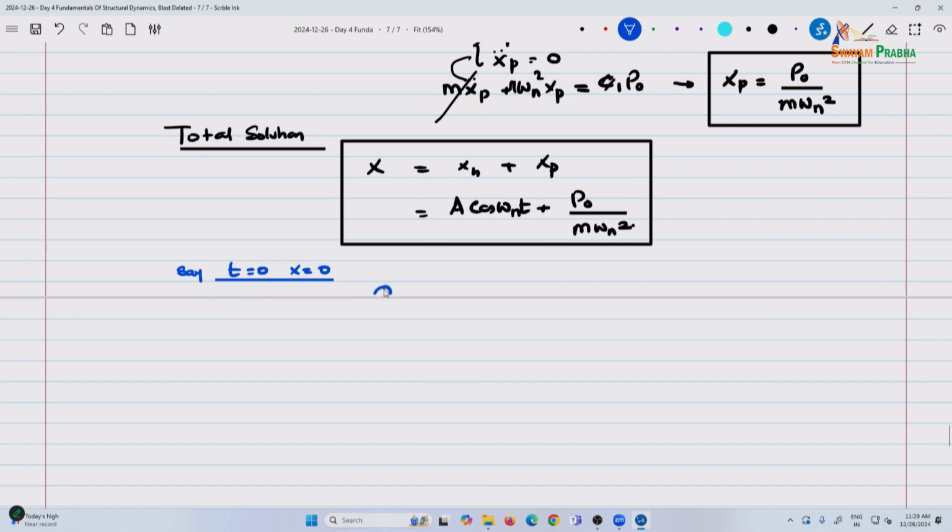So now you have 0 equal to a plus p naught by m omega n square, or a is equal to negative p naught by m omega n square.